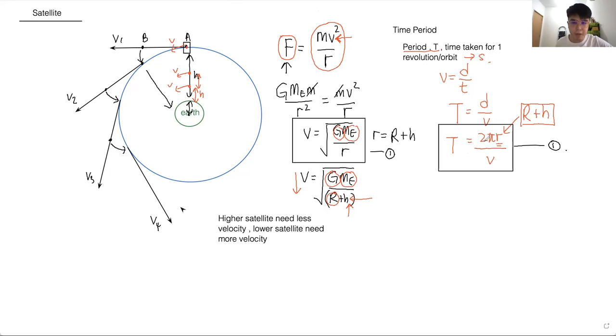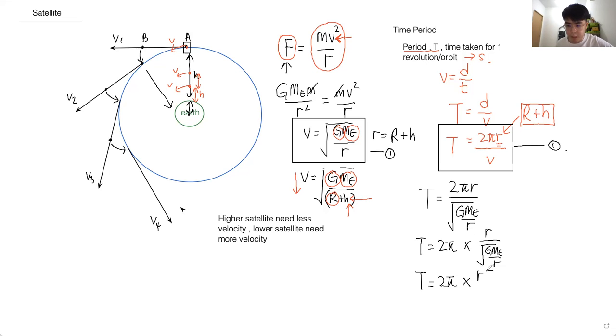Now from here, period, we know that from our previous formula, v equals square root of GME over r, right? We can put it in the formula. So T equals 2 pi r divided by square root of GME over r. Do a little bit of simplification. So T would be equal to 2 pi times r square root r divided by square root GME.